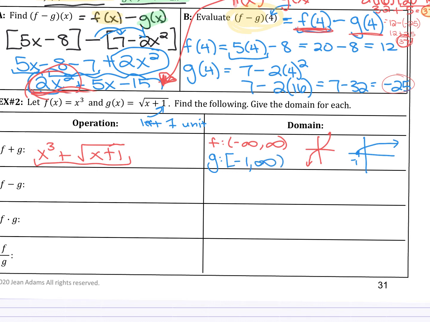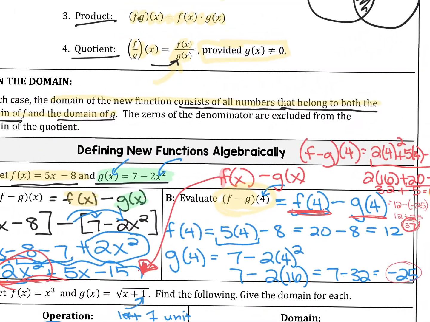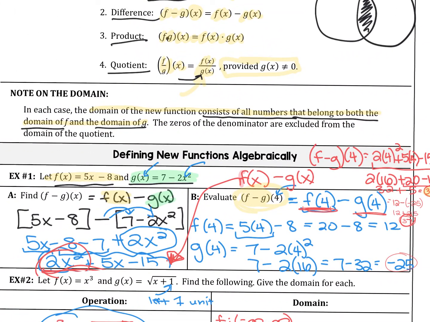Now, when you calculate the domain for this function, it is going to be where those two domains intersect or overlap, right? If we go back to the definition up here, it said that the domain of the new function consists of all numbers that belong to both the domain of f and the domain of g.